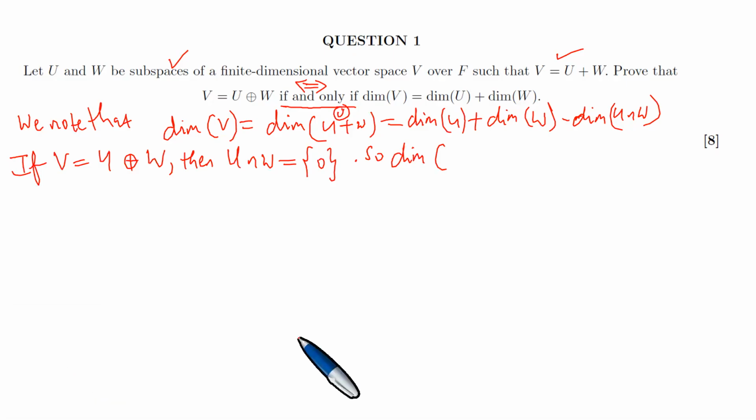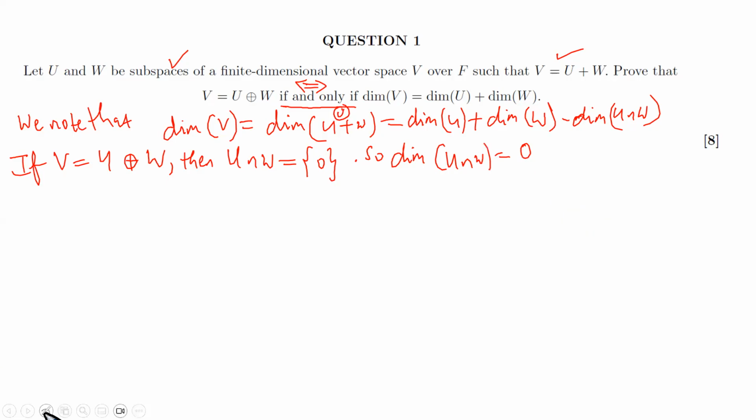So we find the dimension of U intersection W. What's the dimension of U intersection W? It is the dimension of 0. The dimension of 0 is 0. Why? We note that the dimension of the trivial vector space is 0.